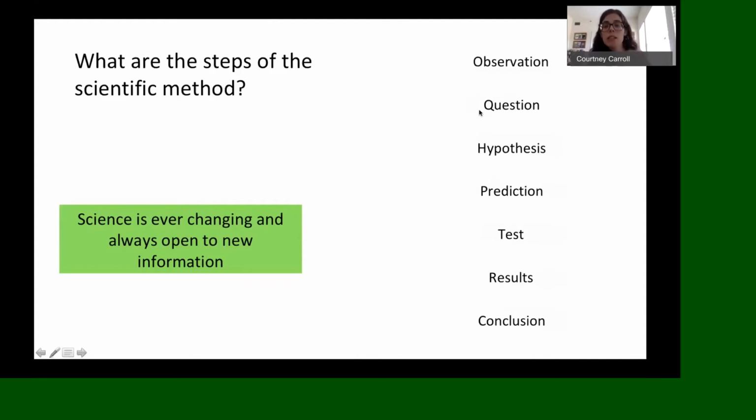And so it's a process that keeps going and going and going, as opposed to something that has a definitive endpoint. And because of that, the ideas that we have about science is also changing. So what the theories are and what's considered known is constantly in flux as we gain more information, as we go through this process across a scientific community and come up with our own conclusions.